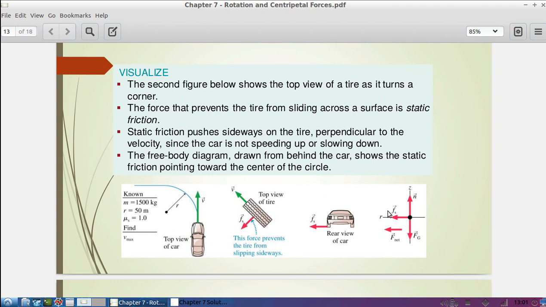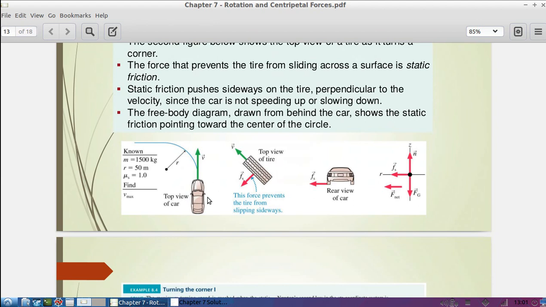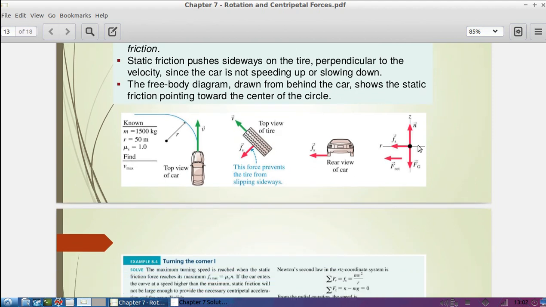So what I do here is I draw a free body diagram, but I don't draw a free body diagram from looking at the top of the car, I draw it looking at the side. So basically you want to picture yourself standing behind the car as it's going around the circle. So we've got two directions now. We still use two dimensions, but we've got the z direction.